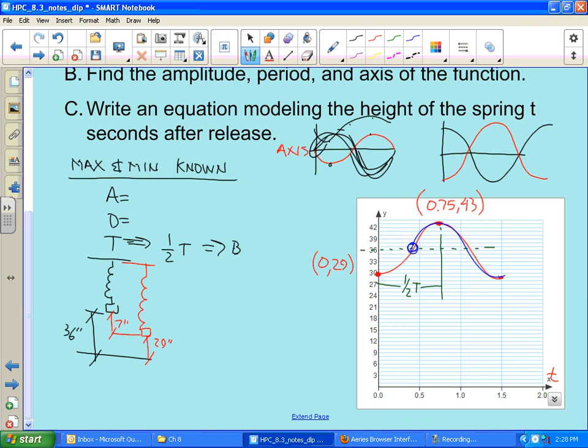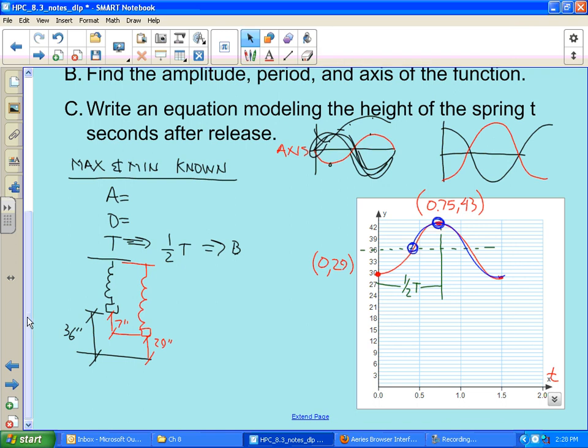I want to start my curve here. Now you have a positive cosine curve that has a shift of 0.75. So I can have multiple answers for the same problem, depending on where I use my starting point. All right, so we go and we find all of these things.